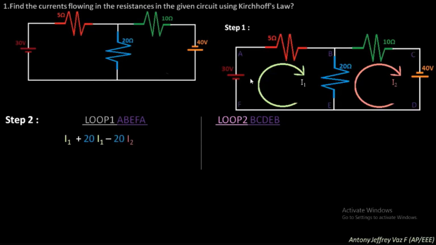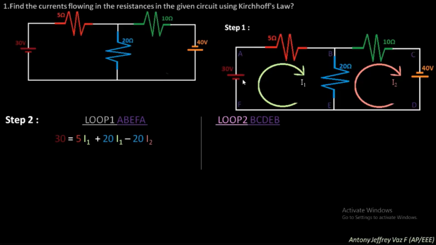We have already studied Kirchhoff's voltage law. As per Kirchhoff's voltage law, the sum of potential rises will be equivalent to the sum of potential drops in the circuit. The potential rise is nothing but the battery present in the circuit.